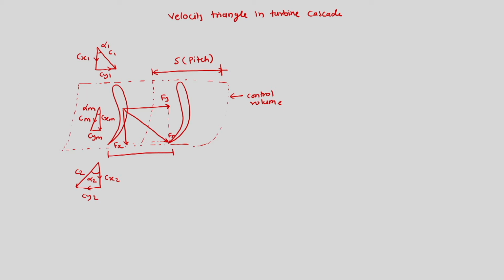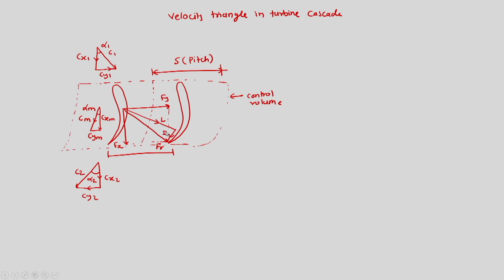But this resultant can further be decomposed into two more components, lift and drag, which are made normal and perpendicular to the mean velocity. So, this is lift and this is drag.